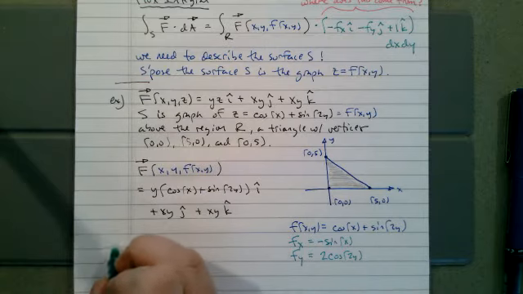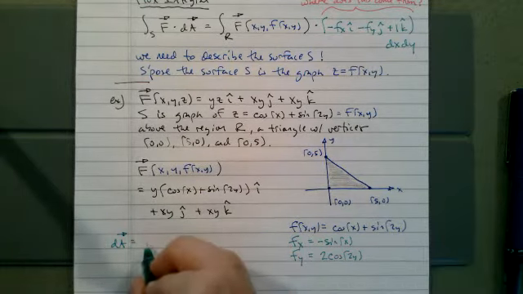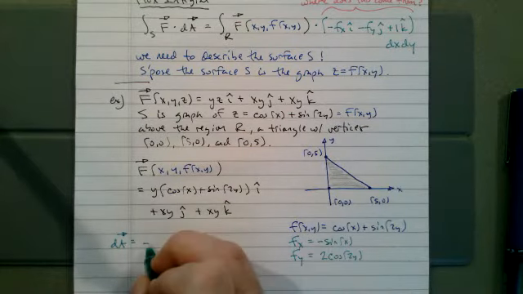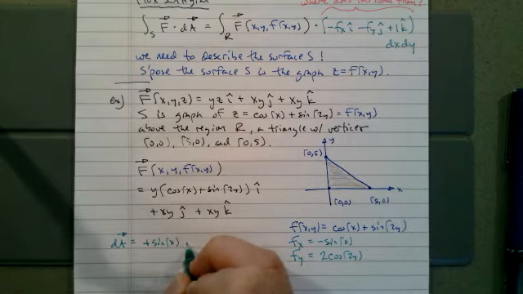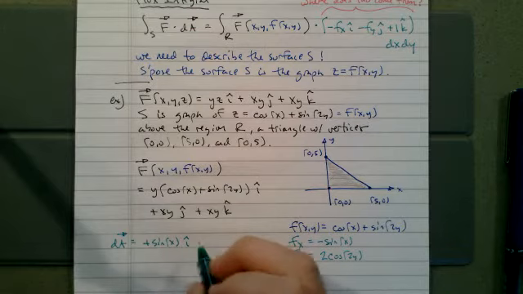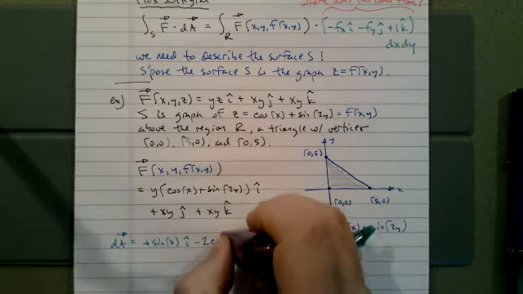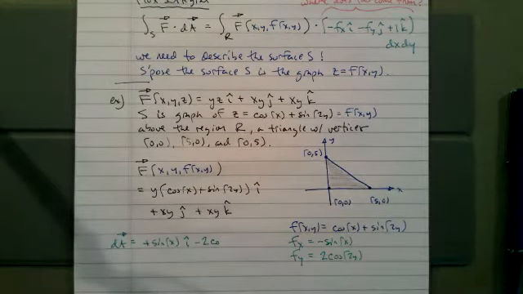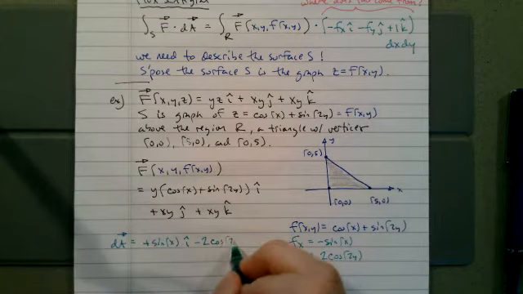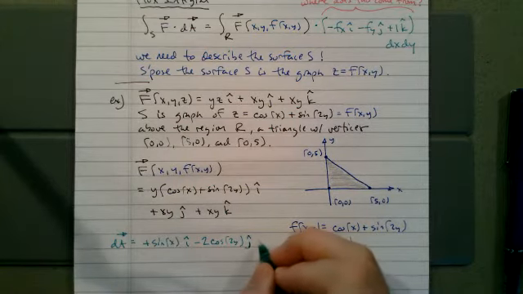So our dA is going to be minus fx i, minus sine x i, minus fy j, so minus 2 cosine of 2y times j, plus 1 times k.